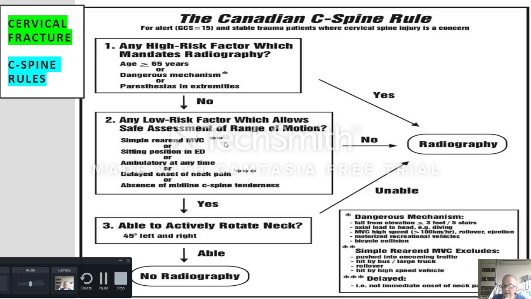What does that mean? Anyway, pushed into oncoming traffic, hit by bus or a large truck, a rollover, or hit by high-speed vehicle. Wow. So if you said yes, you still go down here. Pushed into oncoming traffic, hit by a bus. Okay.